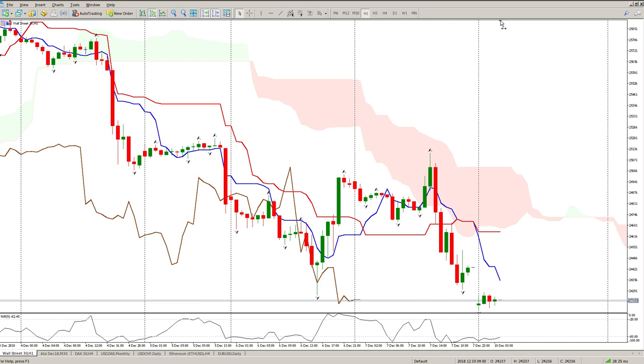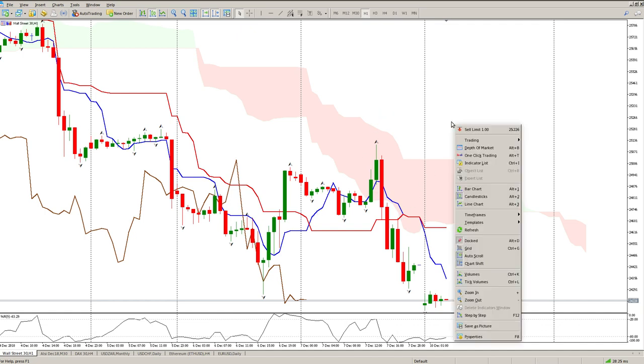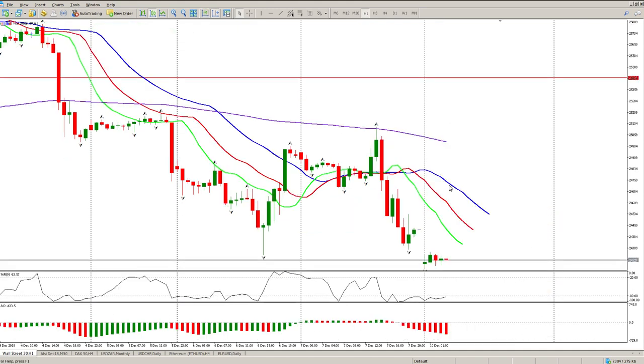And what I mean by a C clamp is this is flat, and what you want to see is this Tenkan-sen start rounding up and start running to the upside to cross over. Something like this. But then you want it to continue.